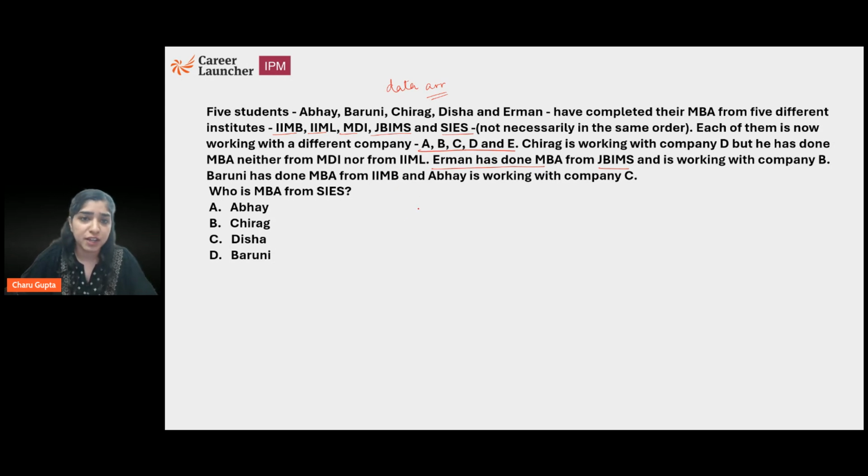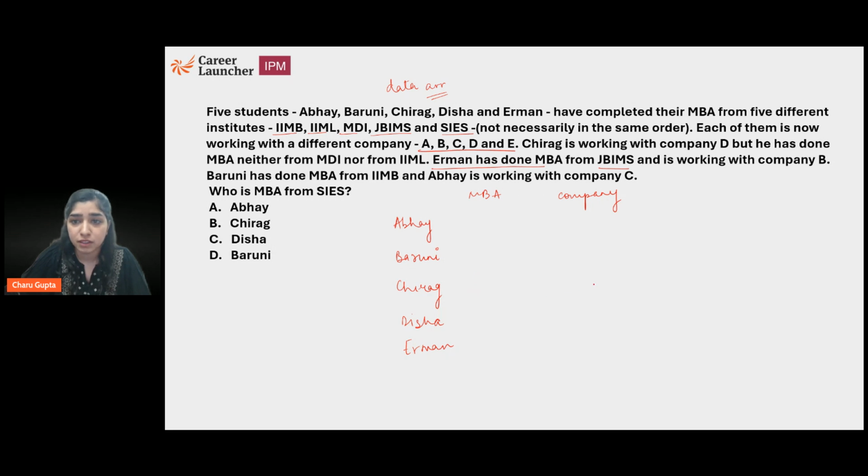We have a lot of direct information, so let's quickly form the table. Okay, so we have Abhay, Baruni, Chirag, Disha, and Arman. They have done MBA from certain colleges and now they are placed in certain companies. Let's quickly write the direct information that is given to us.